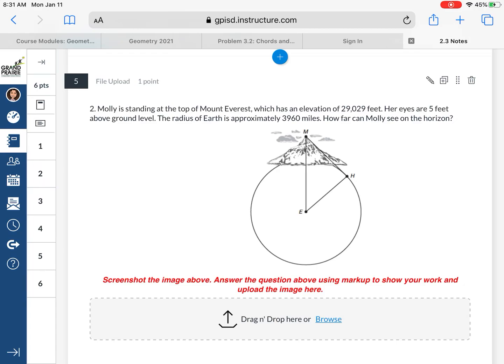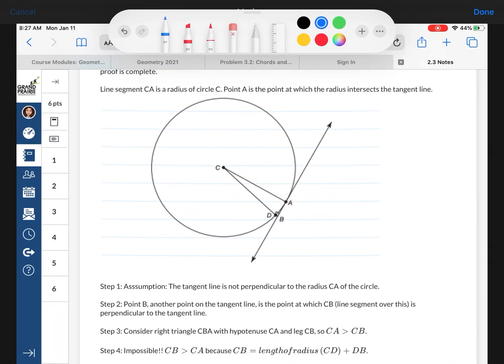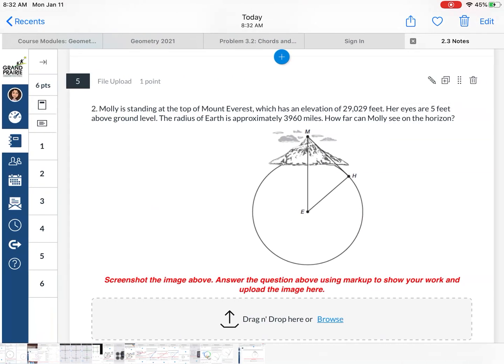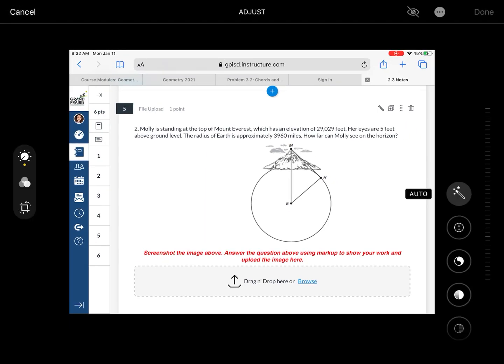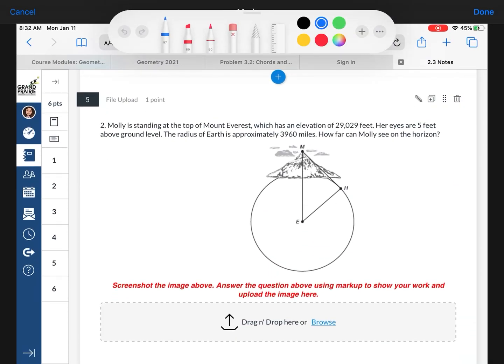So in this question, even if you cannot come up with the solution or the answer, let's not necessarily solve the problem here. All we want to do here is to take a screenshot and analyze if we can see how the theorem we just learned applies. Okay, so we're not necessarily going to solve this problem. Let's just see if we can recognize the pieces that we just learned.